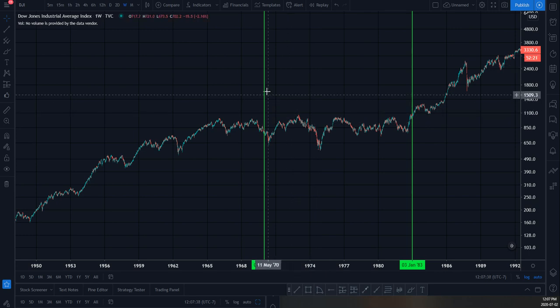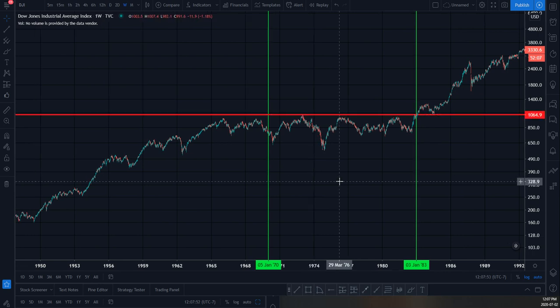This is the Dow Jones during 1970 and the early 80s when interest rates were booming. They were exploding in the double digits and even 20s, where the stock market was completely flat. We're at a ceiling here at around 1065 for over a decade, right?